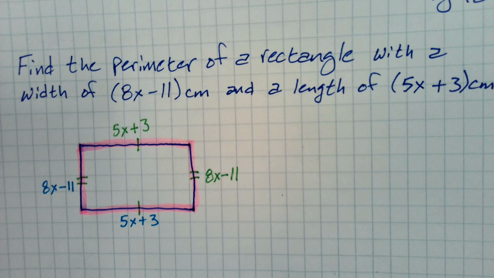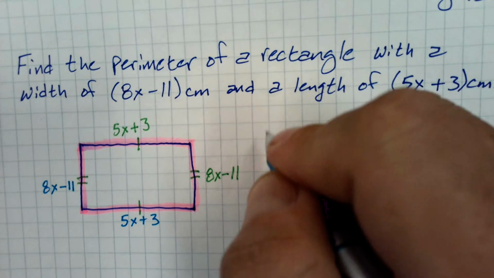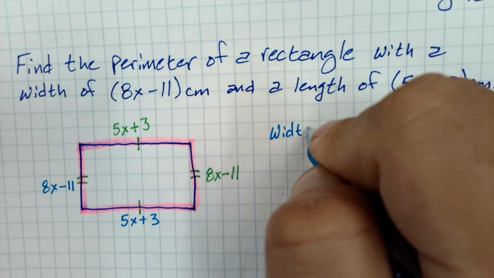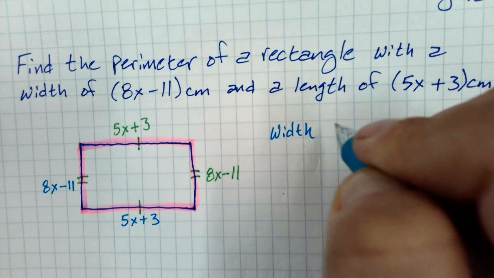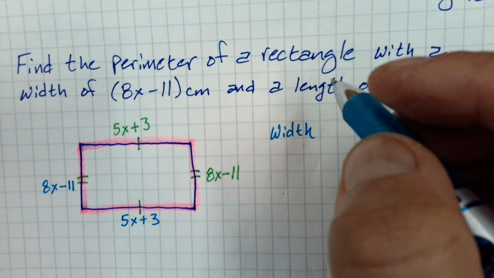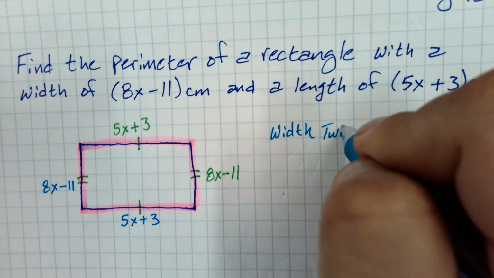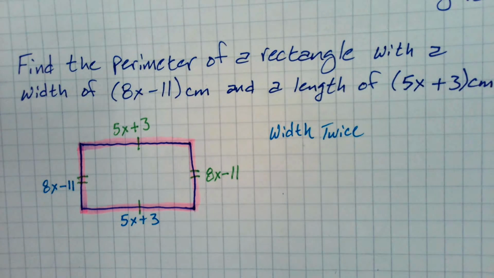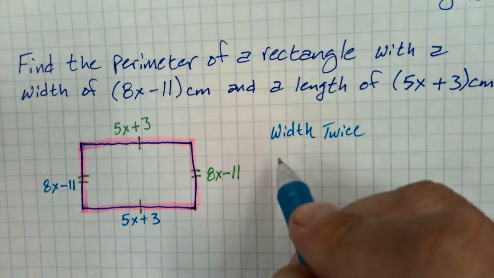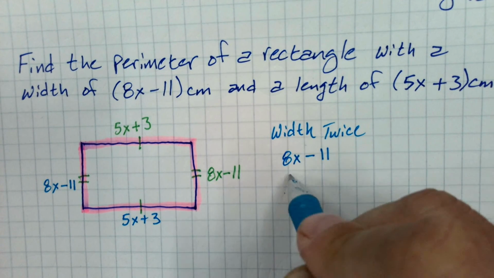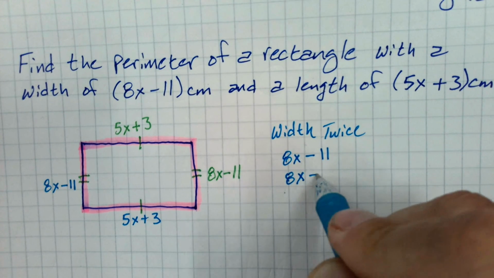We could do that. Okay. So what you're saying maybe is, let's find the width twice, since we got two of them. And this will be a lot easier once we start talking about distributive property tomorrow. So we have 8x minus 11 and 8x minus 11.